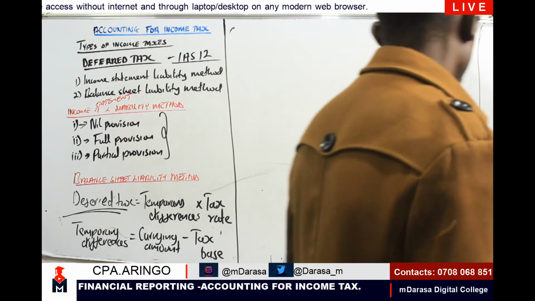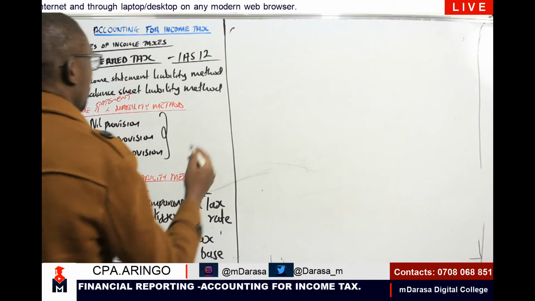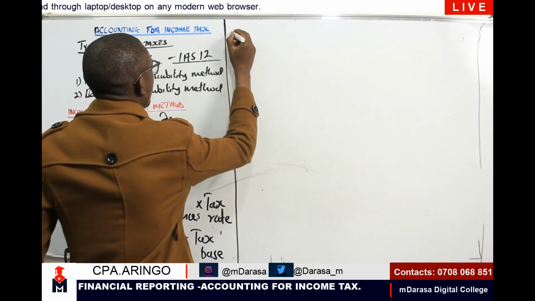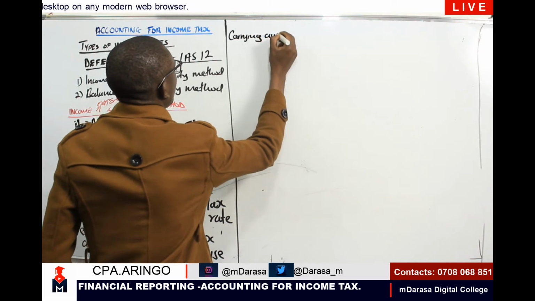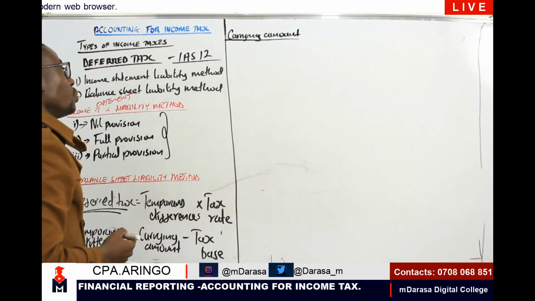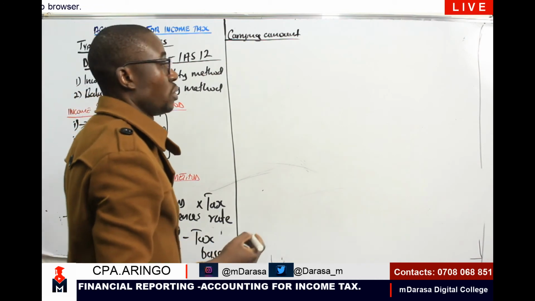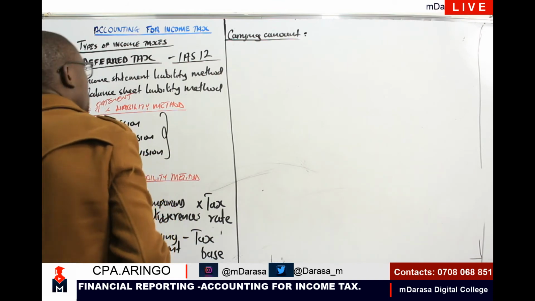Now, another key element to consider: anytime you talk of the carrying amount, my good students, what should click at the back of our mind? Let me squeeze it here, kidogo.